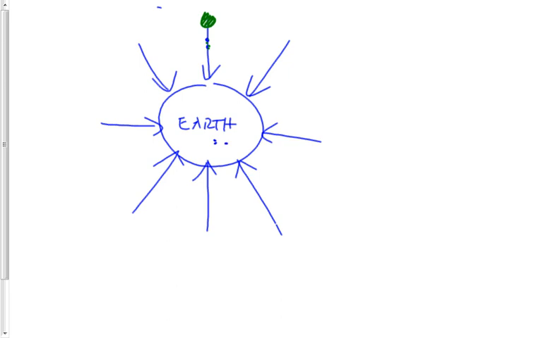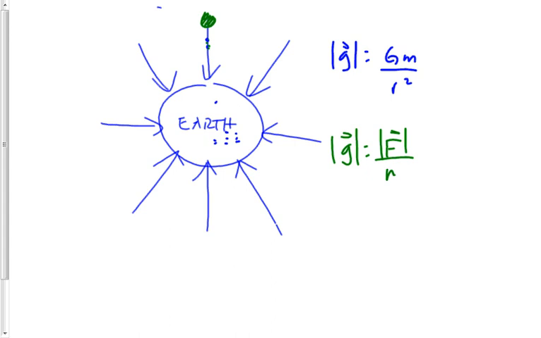If we have information about the Earth that causes the field, then we're going to use this equation to find the strength of the field, g = GM over r squared. If we have information about the one that experiences the field, we're going to use this equation, g is equal to F over m.